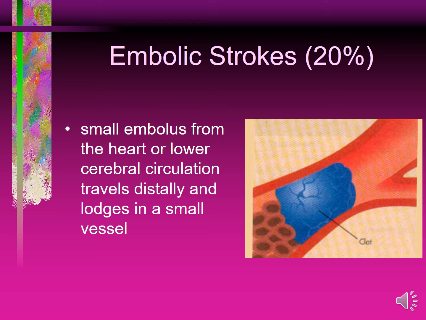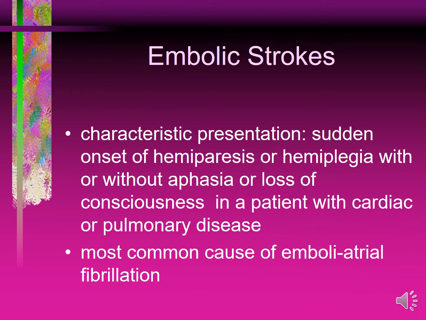And that's why we don't really like people to be in atrial fibrillation, because the resulting strokes that occur with somebody who has atrial fibrillation is pretty common. Now, embolic strokes tend to not have that warning sign of a TIA, because that clot, when it travels, usually causes symptoms that occur quickly and they don't go away.